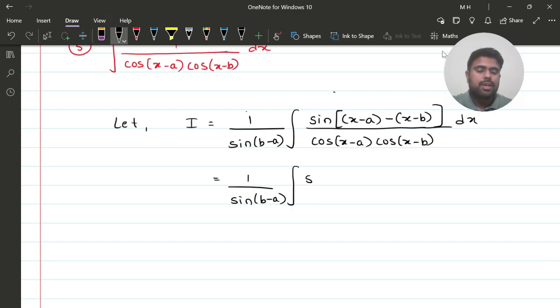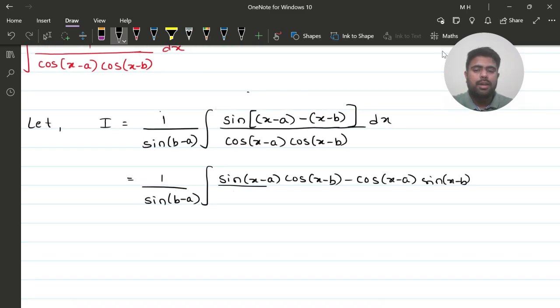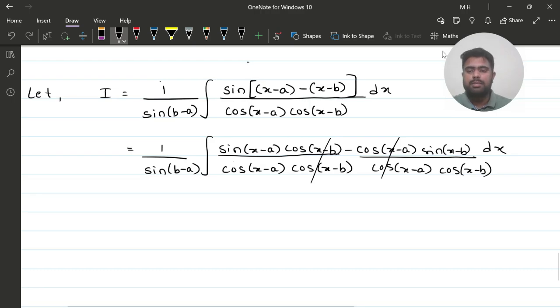So the integral of sin x cos y minus cos x sin y, that is sin of x minus b, whole divided by cos of x minus a into cos of x minus b, dx. Cos of x minus a and cos of x minus b cancel.